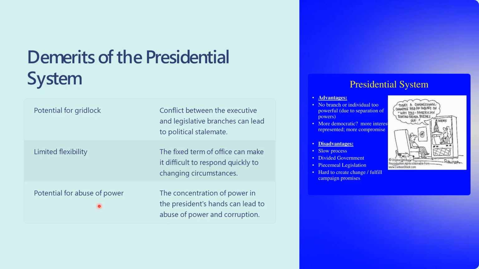The concentration of power in the presidency can lead to abuse of authority. The president may prioritize their interest over the people's needs. So these demerits of the presidential system highlight potential challenges, including gridlock, limited flexibility, and potential abuse of power.